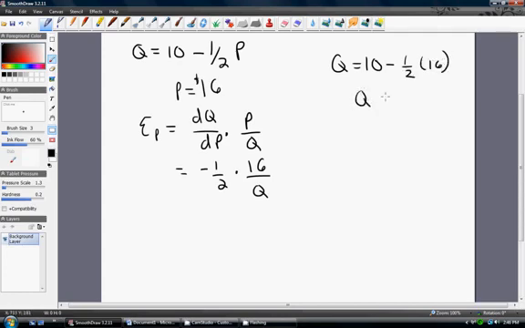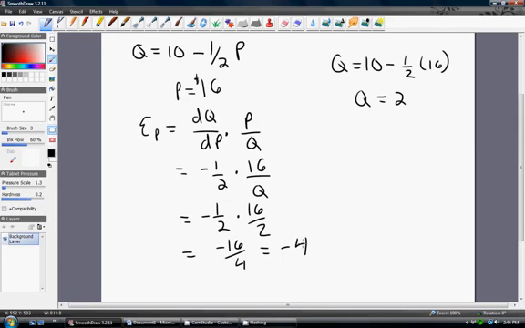In this case, Q equals 10 minus 1/2 of 16, or 8, so 10 minus 8 is 2. And we get minus 16 divided by 2, or minus 8, so the price elasticity of demand when P equals 16 is minus 4.